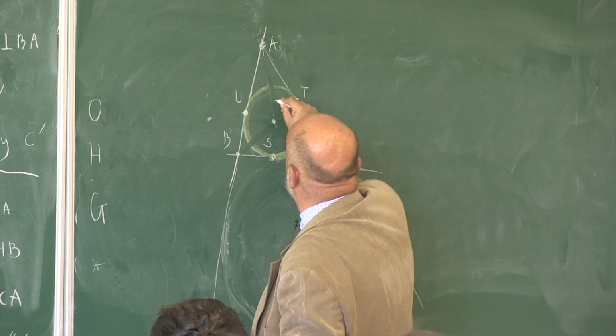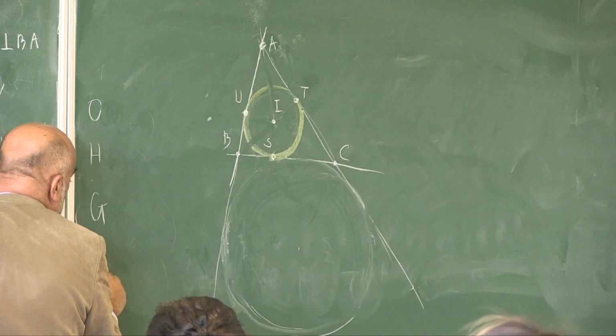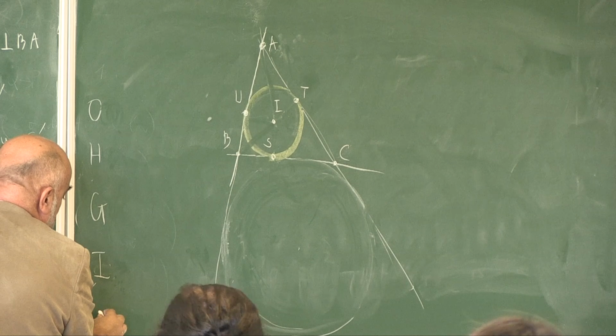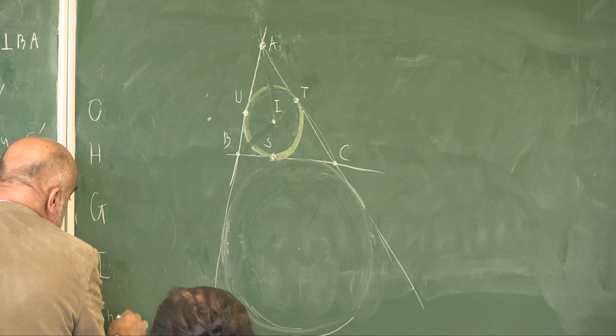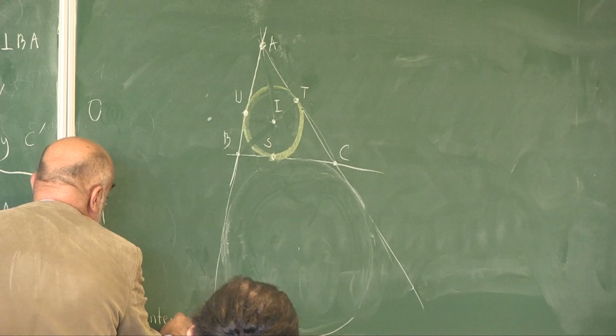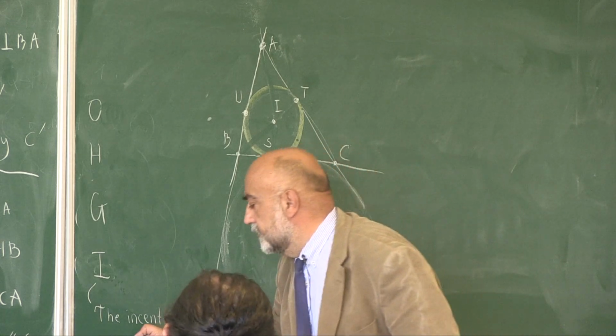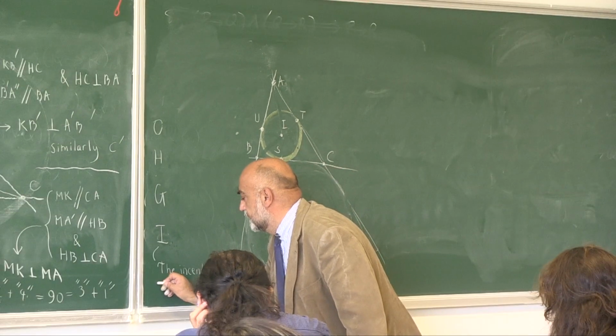called I. So this is in fact my fourth remarkable point. It's called the in-center. And this circle is called the in-circle.